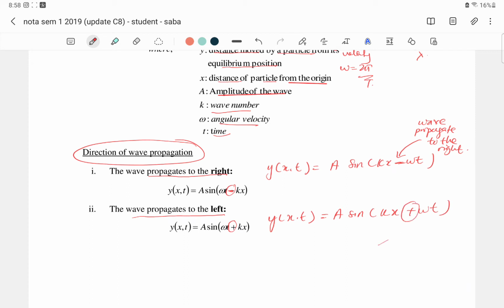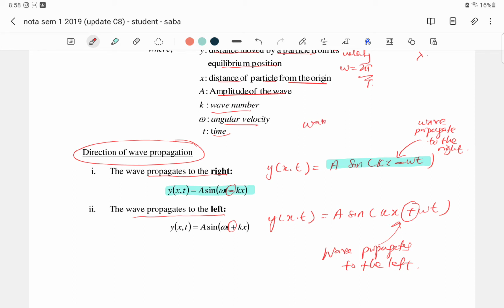So this plus just shows that the wave propagates to the left. So we can have the equation either omega t minus kx, or A sin(kx minus omega t). Alright, so the negative here just shows that the wave propagates to the right, ataupun the wave propagates from left to right.